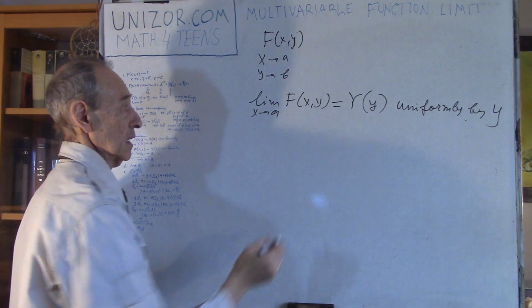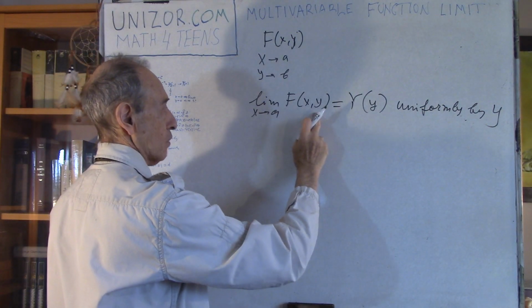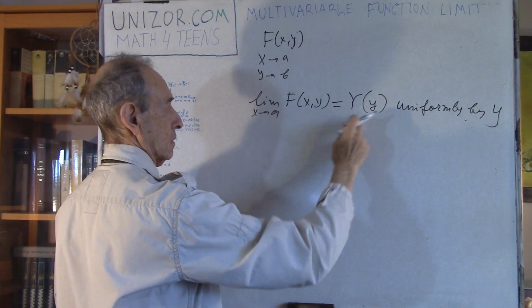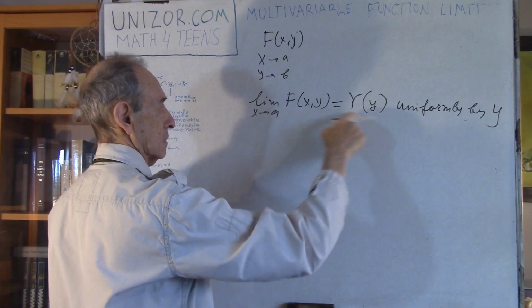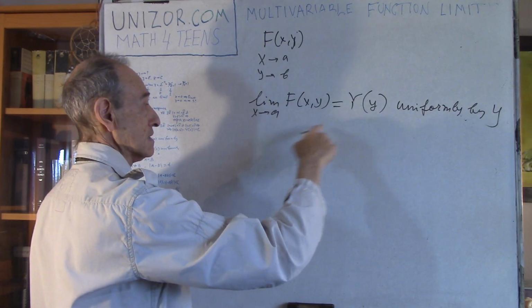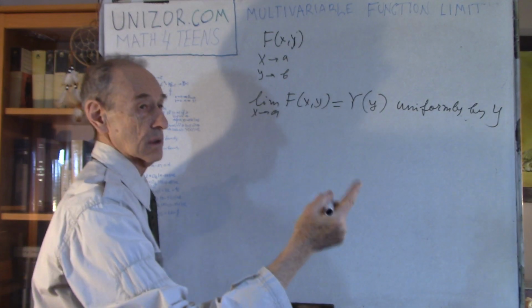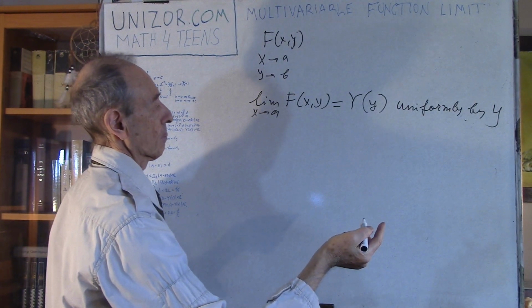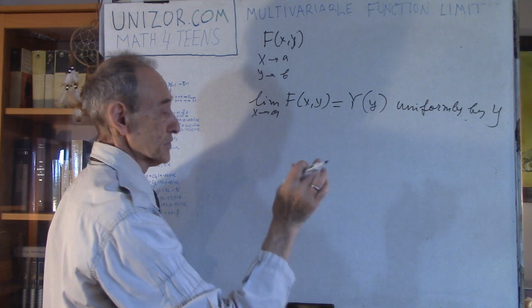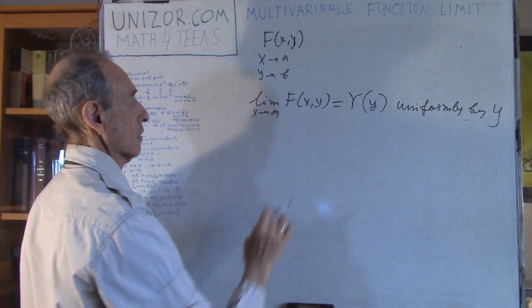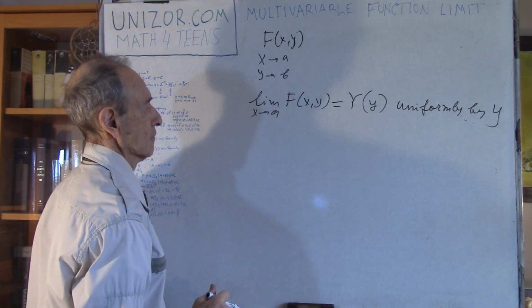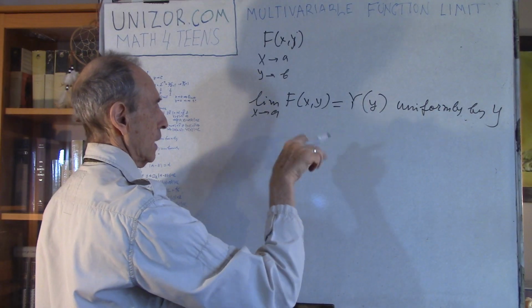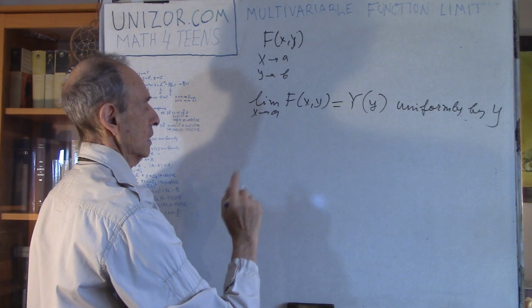What does it mean? It means that the difference between f of x y minus the function of y is less than that particular epsilon, whatever epsilon we choose, within a certain small neighborhood around a, b.